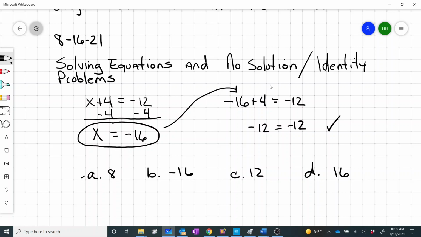No, so it's not A. If I substitute answer C, which is 12, 12 plus 4 does not equal negative 12, so it's not this one. If I substitute answer D, 16 plus 4 is equal to 20. 16 plus 4 doesn't work. So by process of elimination, here's my answer. It's answer B. That's a multiple choice quiz solving for a variable. You can always do that. Okay?